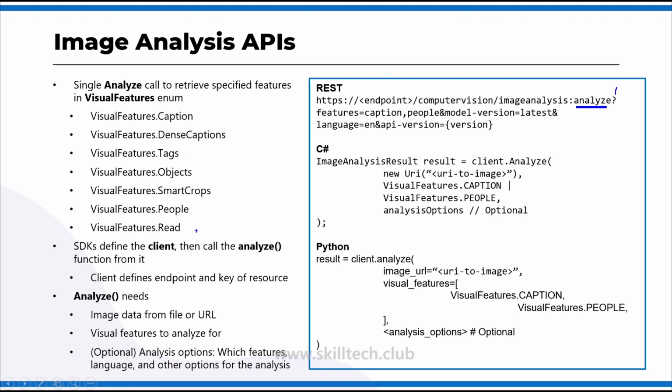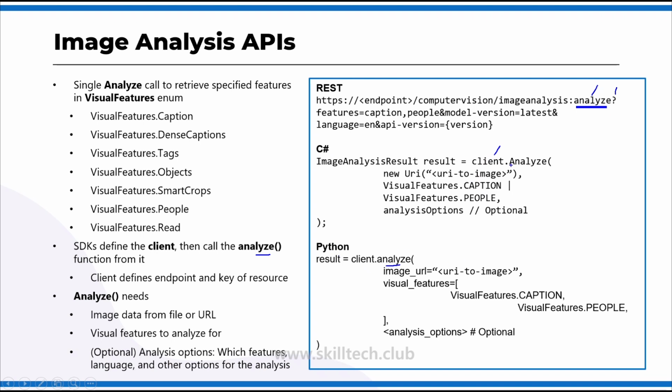When you use the SDK, you define the client object first, and then using the SDK's client object, you call the analyze method, which internally does the same thing which you're doing through the REST API. Every time you call this method, you create a client object, like you have seen here in the C# and here in the Python version.